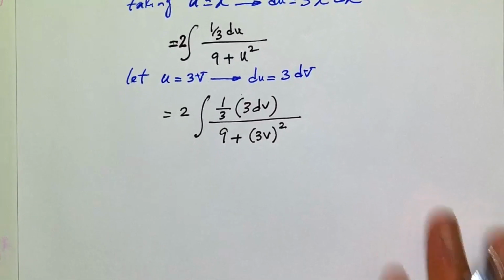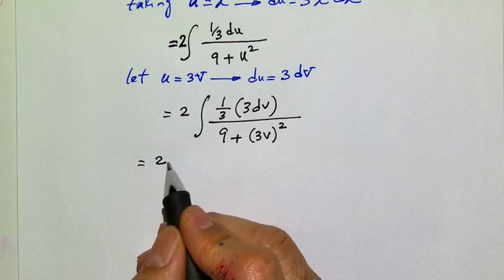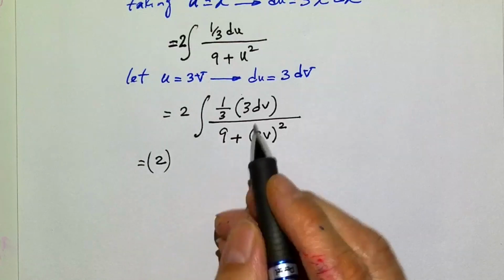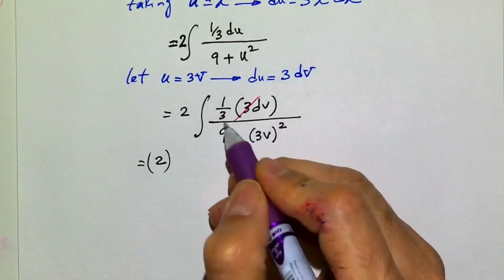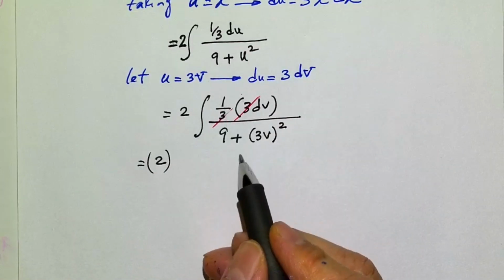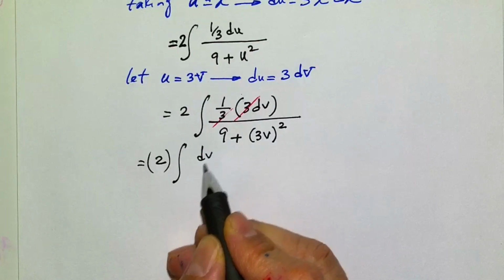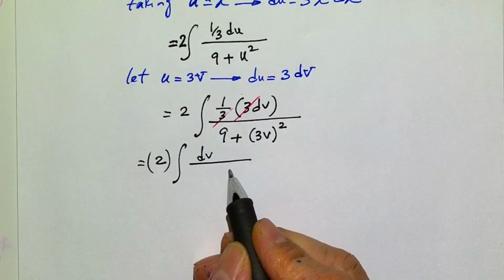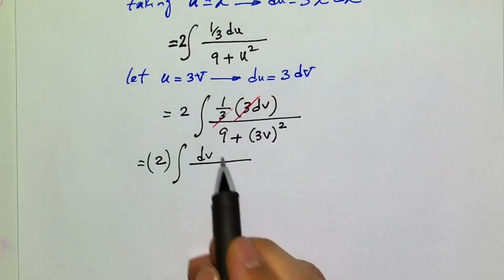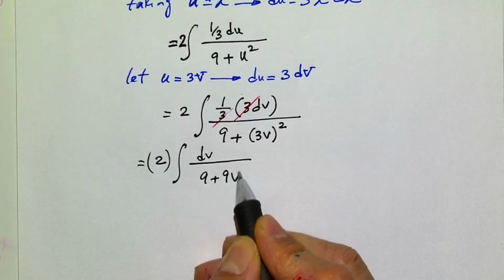So we have 2 here, and then this 3 and this 3 cancel each other out. We end up with 1 over the integral of dv divided by 9 plus 9v squared.